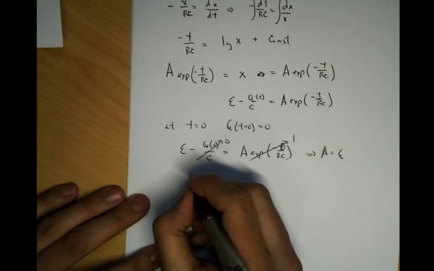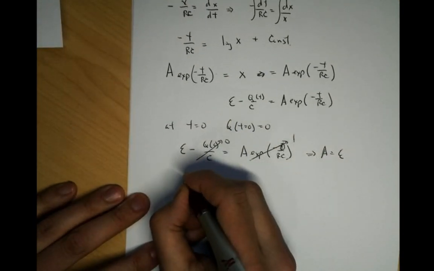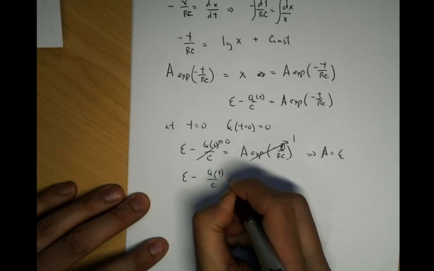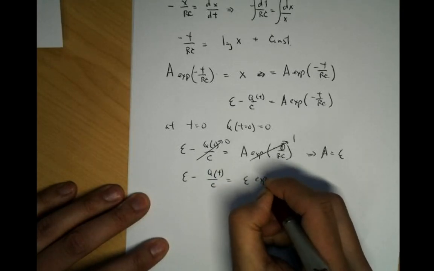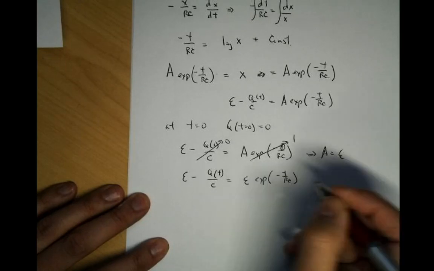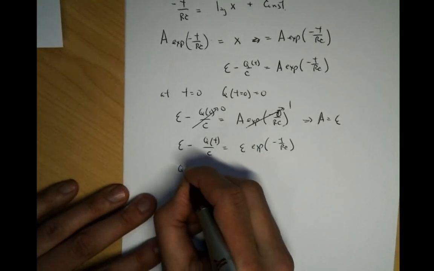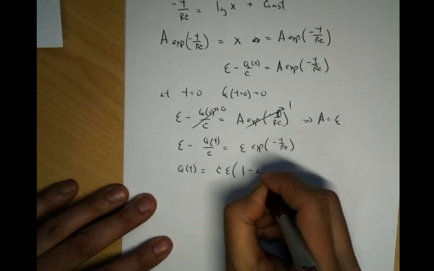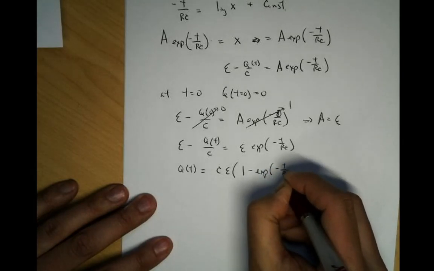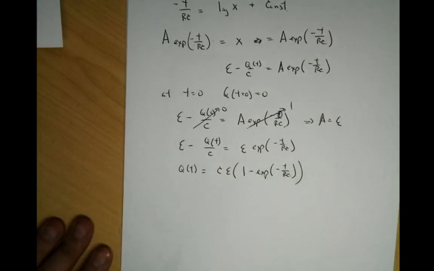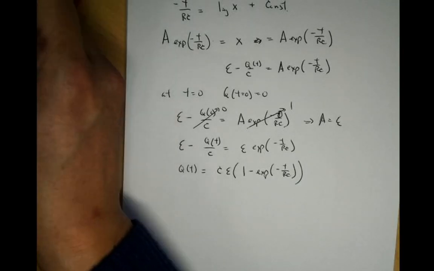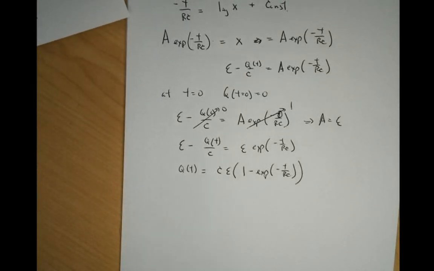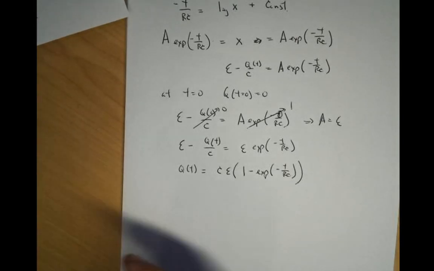We write this as epsilon minus Q of t over C is equal to epsilon exponent minus t over RC. Let's simplify this out. Q of t is equal to C epsilon times 1 minus exponent minus t over RC. And now we can plot what this looks like.